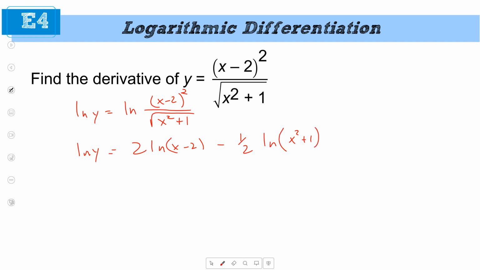Lot just happened there. Oh, it's 1/2 because the natural log of a quotient is the difference of the natural logs. The natural log of something raised to an exponent means you can move the exponent out in front. The square root of something is equal to raising it to the 1/2 power.